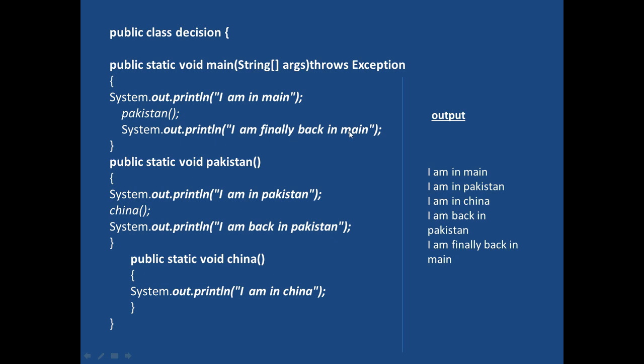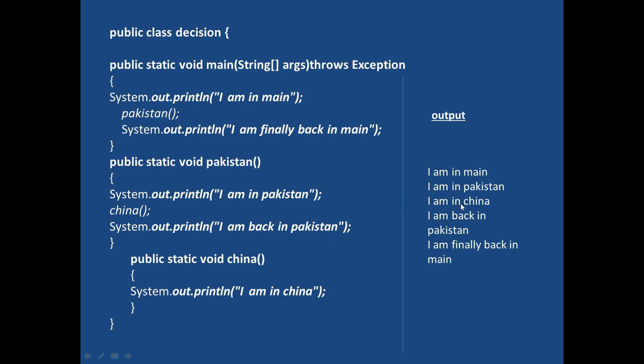वर्किंग मैकेनिज्म सेम है। सबसे पहले हम मेन में एंटर होंगे, फर्स्ट स्टेटमेंट आई एम इन मेन वुड बी डिस्प्लेड, आउटपुट ये सामने है, फर्स्ट स्टेटमेंट आई एम इन मेन, देन पाकिस्तान इज कॉल्ड, control would transfer to the Pakistan method where I am in Pakistan would be displayed, the second output would be I am in Pakistan, then the next statement China is called, control is transferred to the China method where I am in China would be displayed.